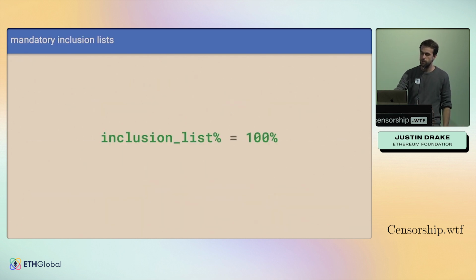What we can do is apply the same ideas as MEV burn, which is to maximize the block, but for the inclusion list itself. For example, we can have a rule which says that a block is only valid if the inclusion list was built in such a way that it maximizes the amount of base fees in the inclusion list. And so it's now in the incentive of proposers to build inclusion lists with all the transactions that they see in the mempool, basically removing the option to not use the inclusion list.